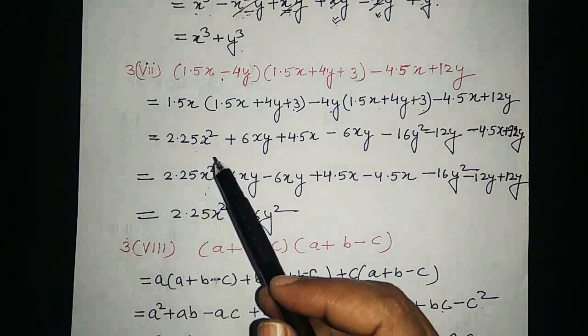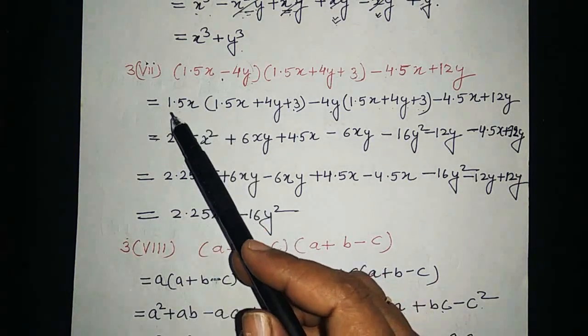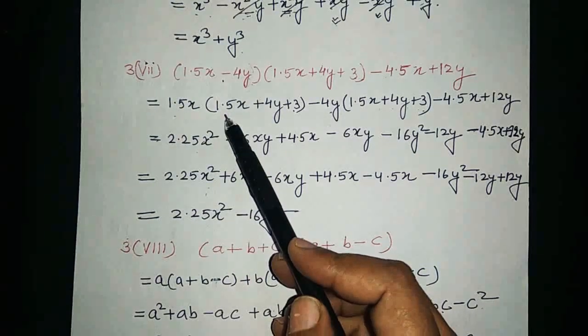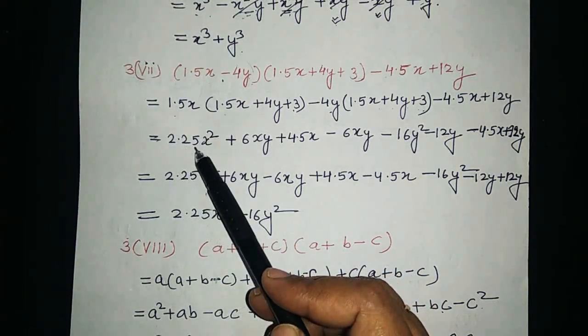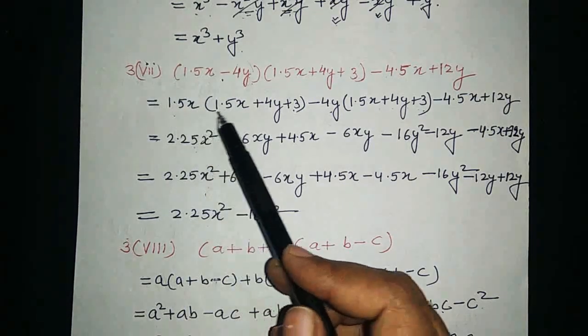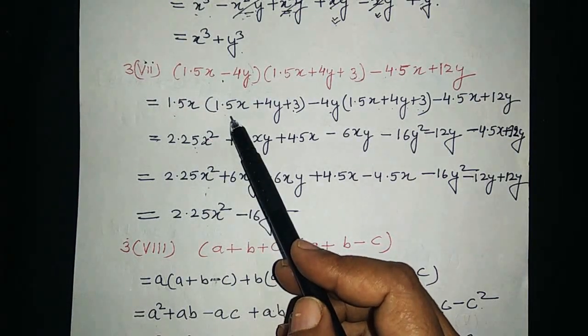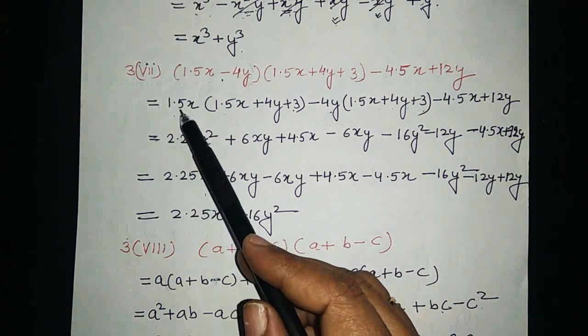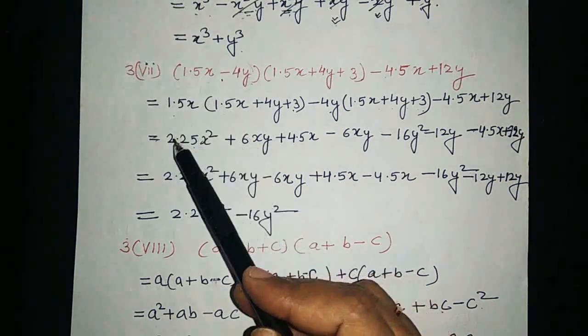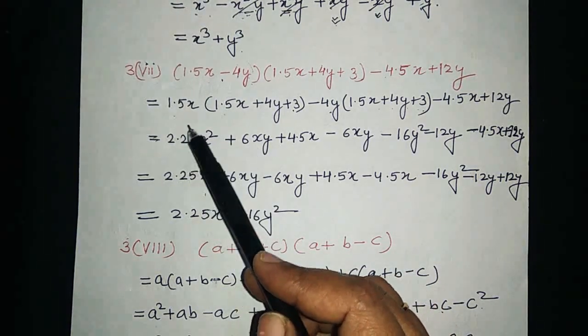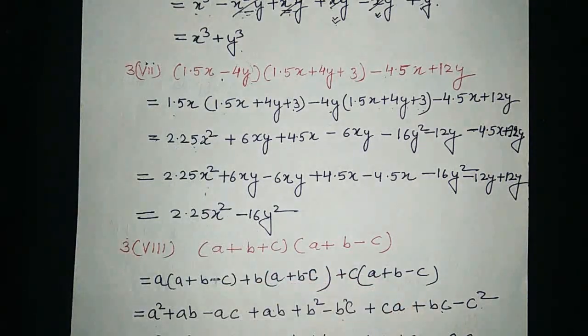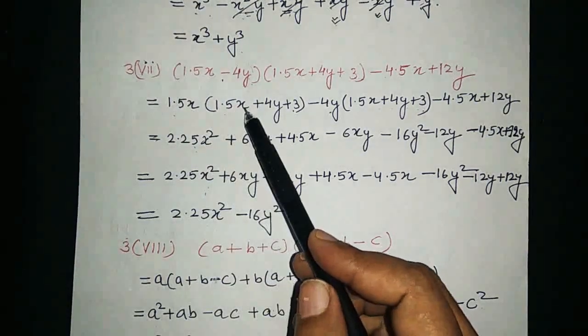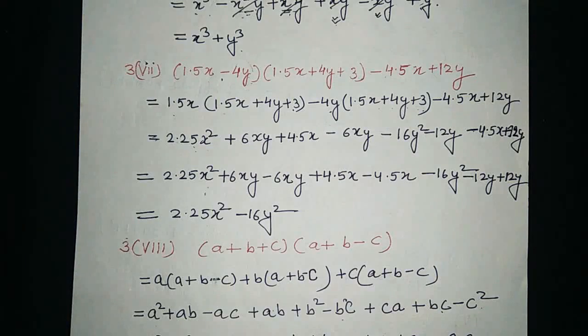Now we'll start multiplication. 1.5 into 1.5. We will get here 2.25, because 15 into 15 is 225, and if you multiply 1.5 into 1.5, you will put the decimal and 2.25 will come, and x into x, x square you will get.